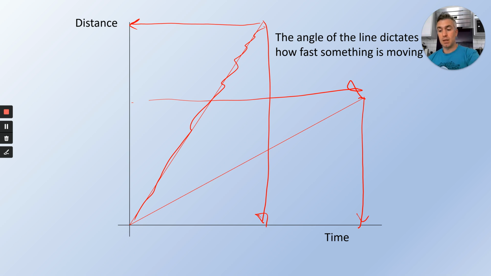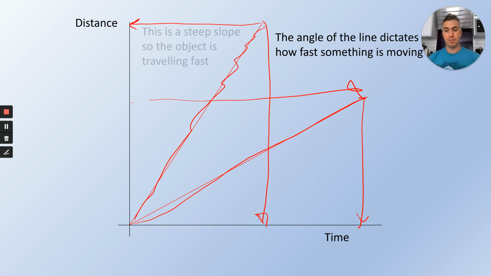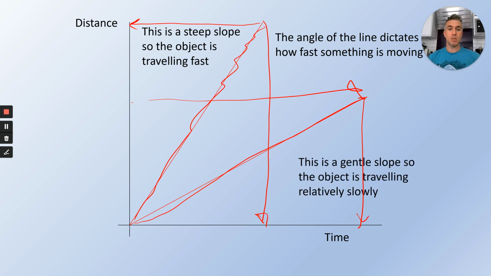This one takes a long time and doesn't get anywhere near as far as the other one. A shallower gradient means it's moving slower. Steep slope, fast. Gentle slope, slow. Two more things to add to your graph.